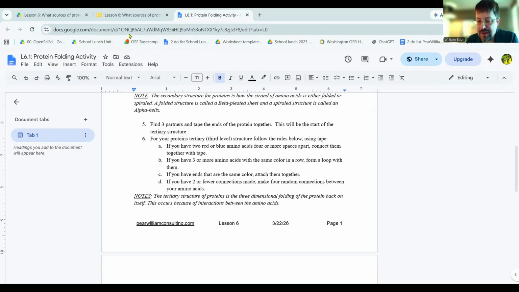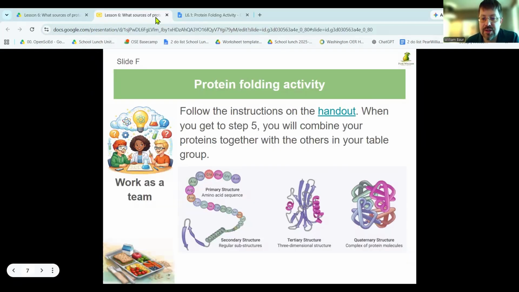What will result is a variety of proteins in different shapes because the sequences are different. So that's our way to model hands-on how protein folding works.